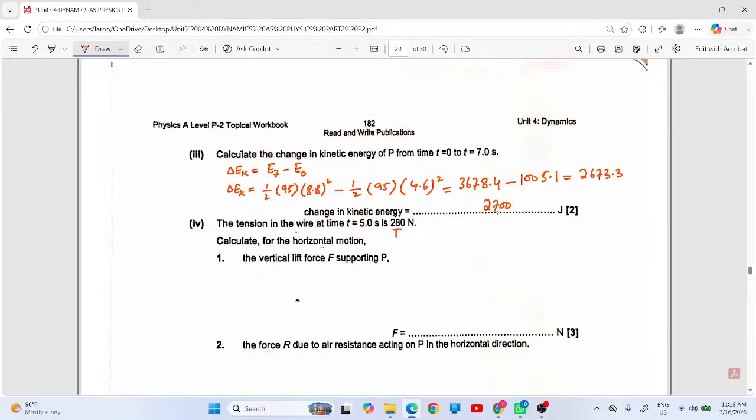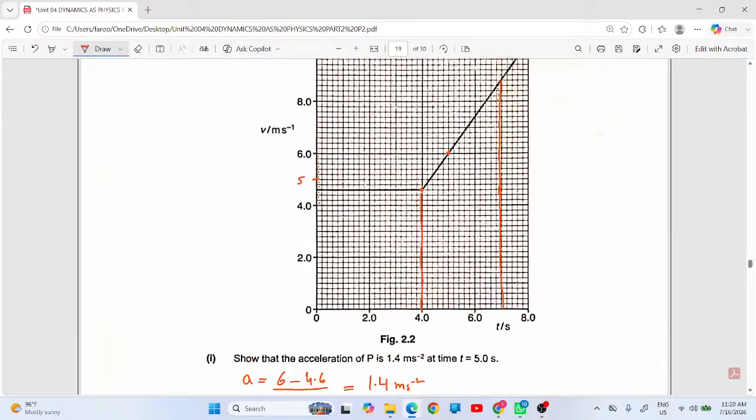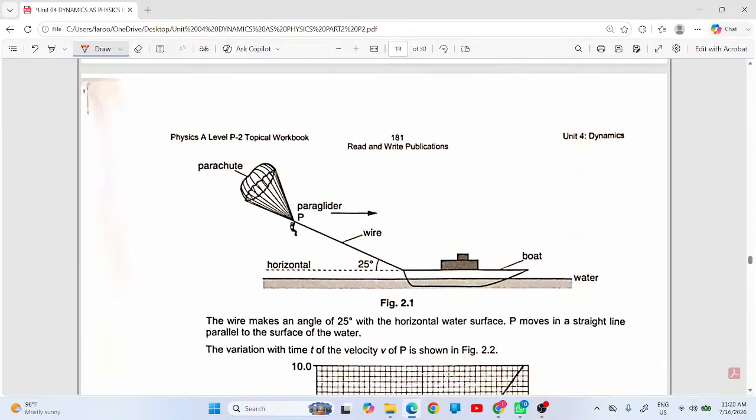Calculate for the horizontal motion the vertical lift F supporting P. The vertical force: the tension is along the wire, so it has one component vertical and one horizontal.